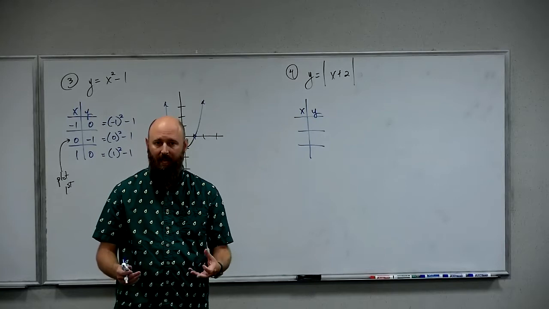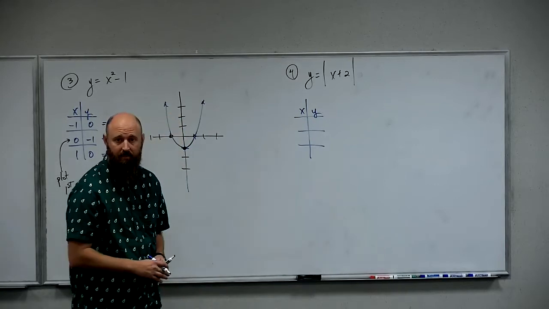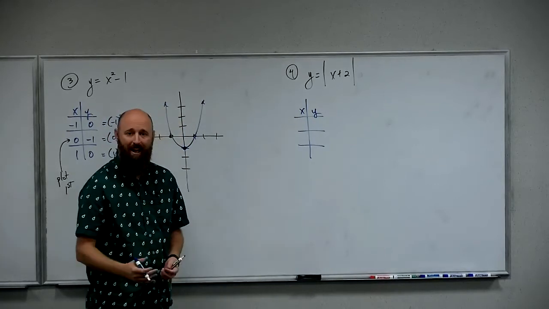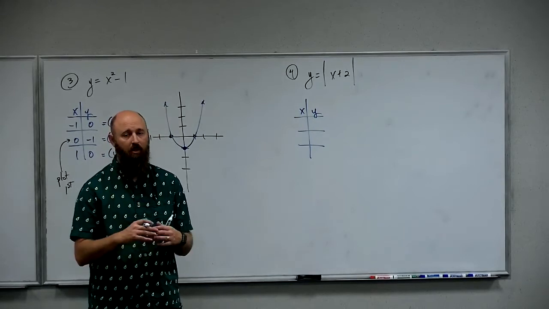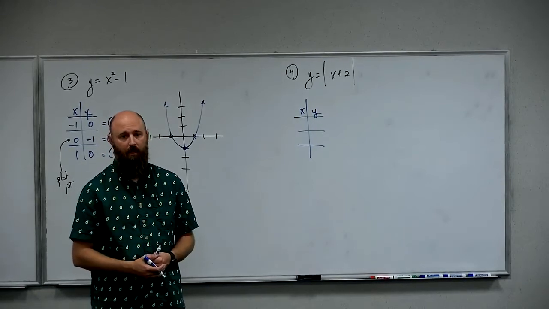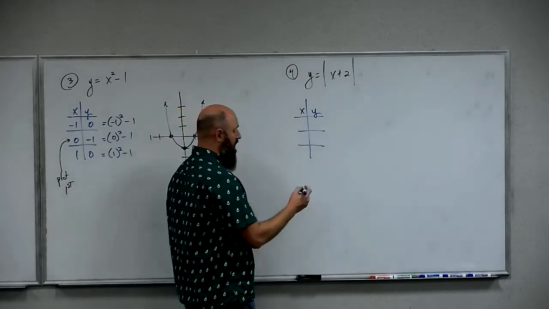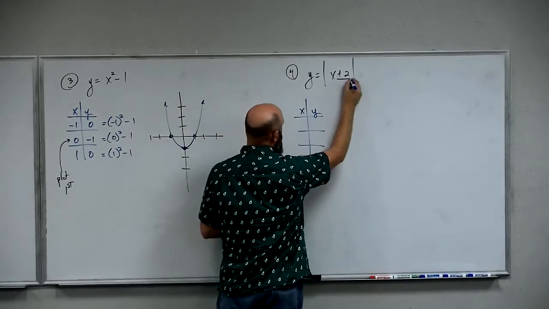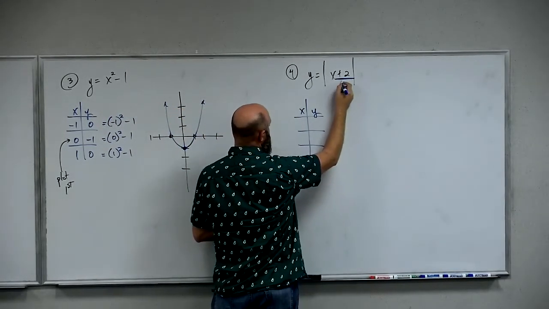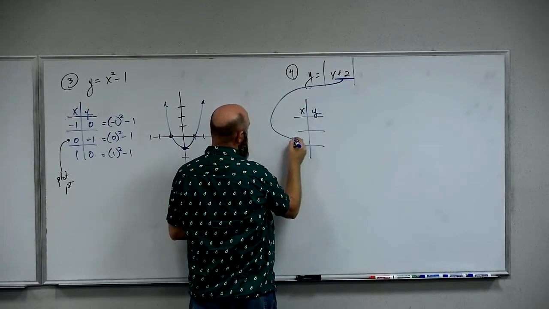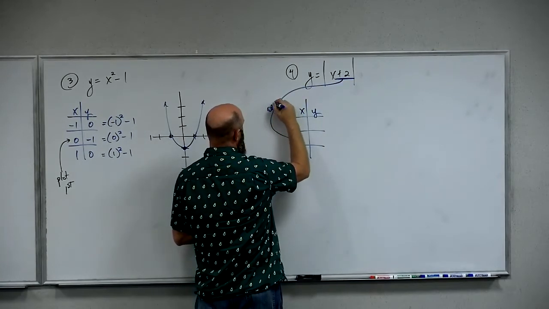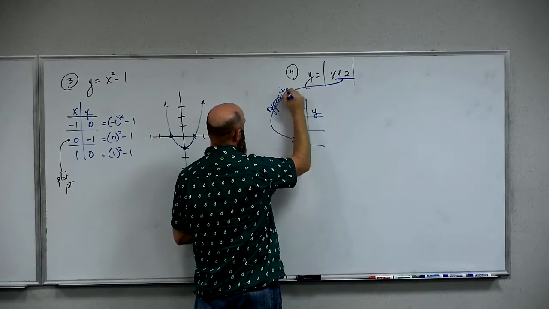So we have to be able to look at a few other things. When this happens on your absolute value problems, only on the absolute value problems where we have these bars, we're going to take this +2 in the middle and do the opposite.